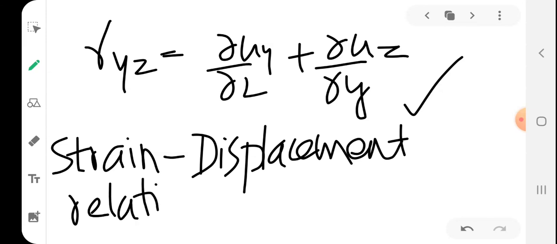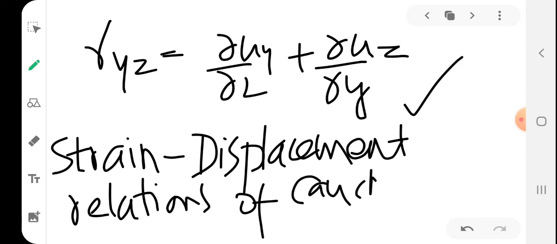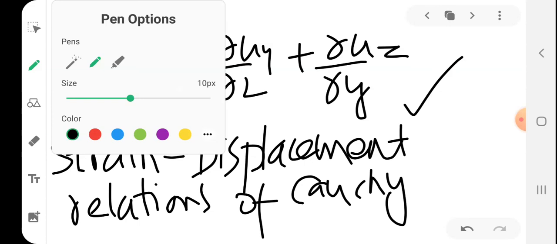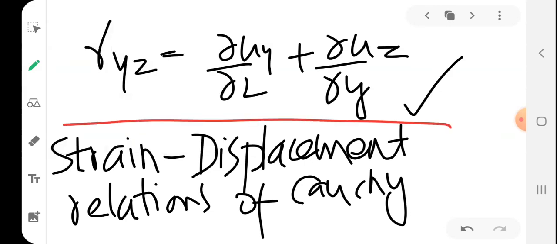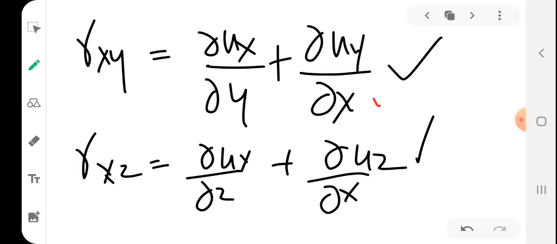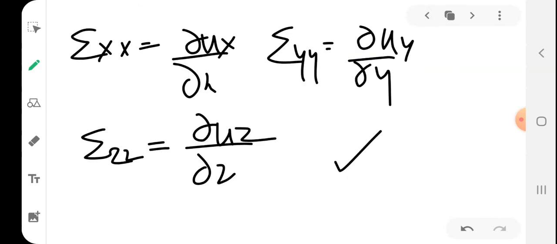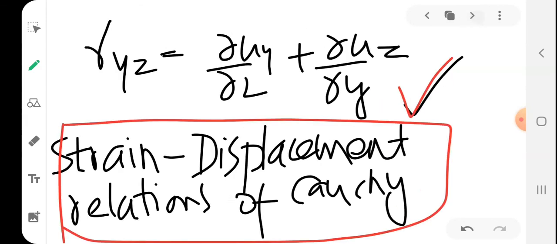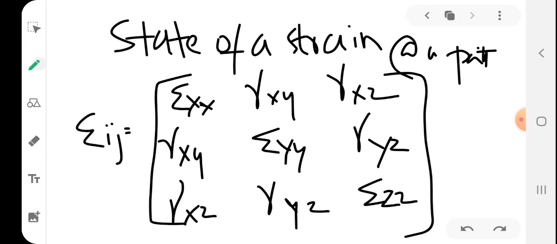All these relations are called strain displacement relations of Cauchy. Very important. All these three relations are called strain displacement relations of Cauchy. Okay. Now I will do an example.